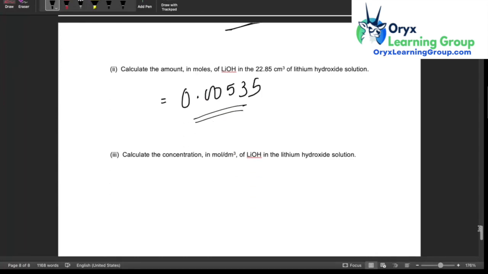Next question is, so this is the last question of this worksheet. It says, calculate the concentration in moles per dm cube of LiOH in the lithium hydroxide solution. Now, this is again, you have to use the same formula. N is equal to Cv. Okay, so we use the same formula. N is equal to Cv. So C becomes what? N by V. Yes, please do it.